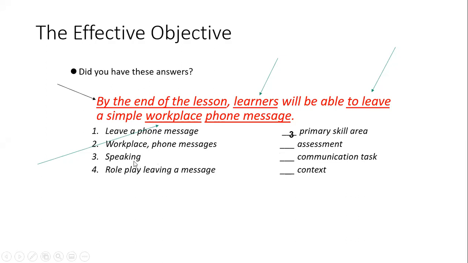Then students will practice the listening, the speaking, oral skill, oral production. But the assessment will be a role play, leaving a message. I'm going to assess my students through a role play. And the communication task will be to leave a message, a phone message. Finally, the context, the workplace, phone messages.